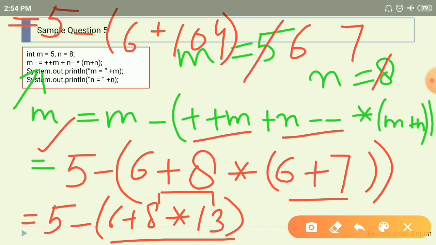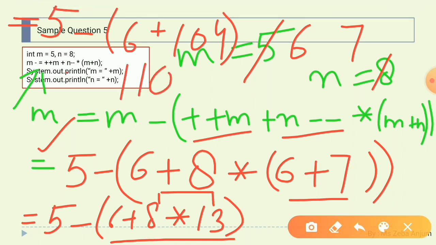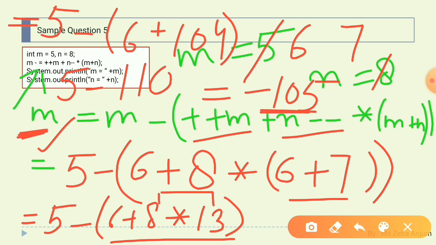Now again this bracket will be solved, you will be getting 110. 5 minus 110, and what you are going to get? Minus 105. The screen is quite small, so I am doing the question over here. So please understand that the value of m we were calculating is now minus 105.